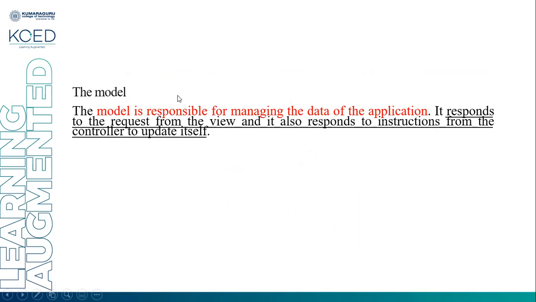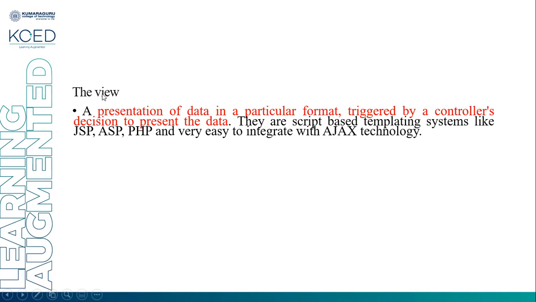The model is responsible for managing the data of the application. It responds to requests from the view, and it also responds to instructions from the controller to update itself. The next one is view.